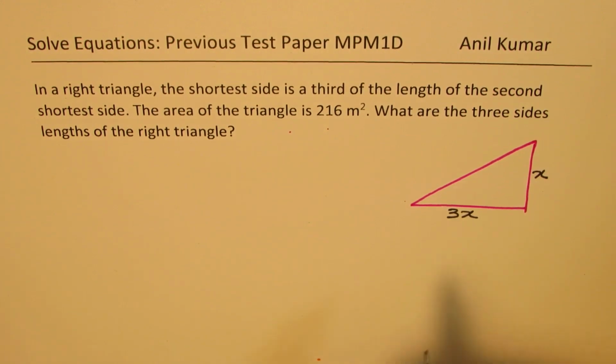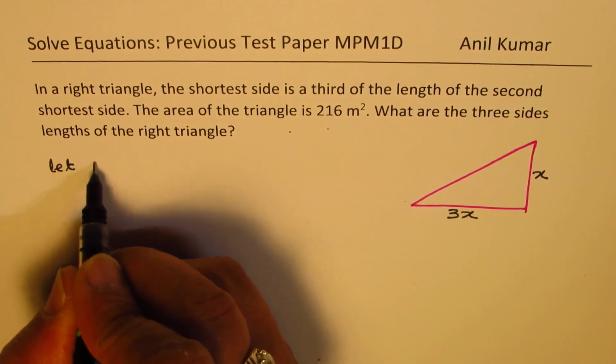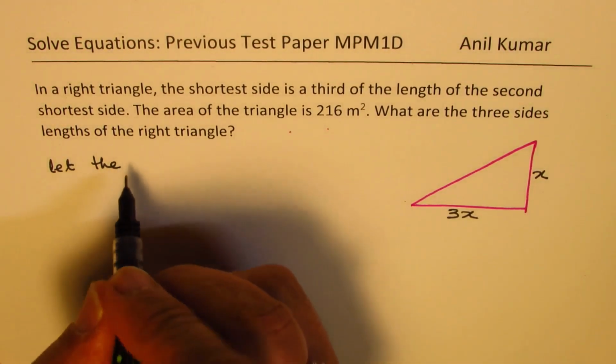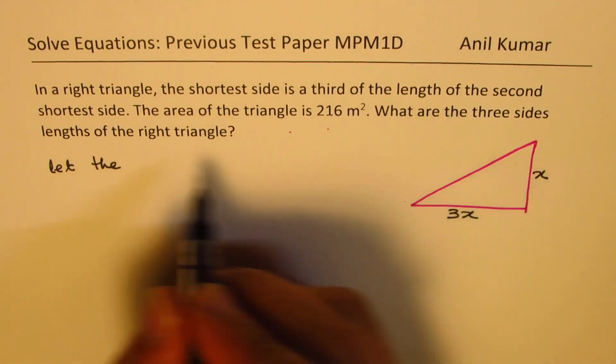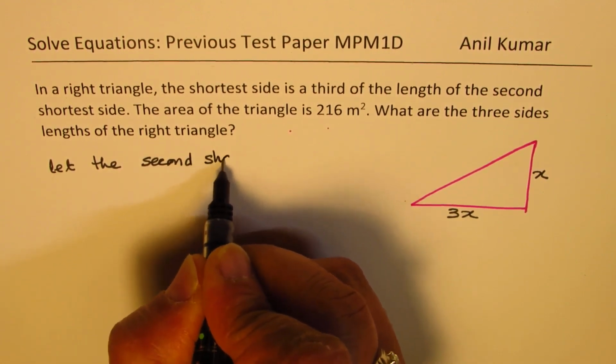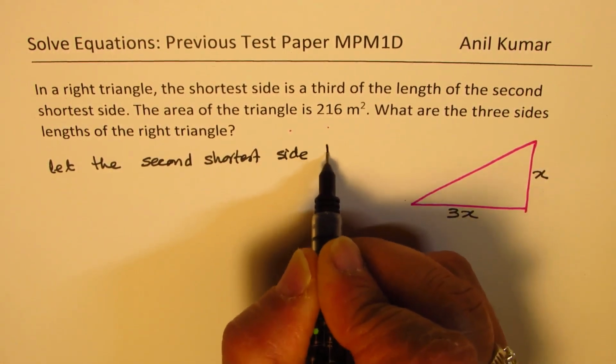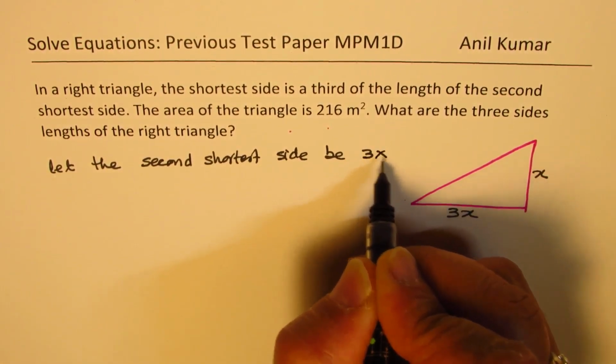So the shortest is 1/3. Let the second shortest side be 3x.